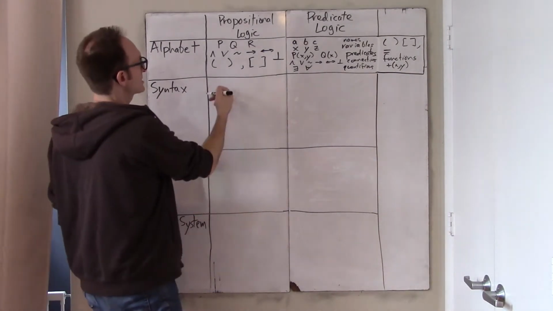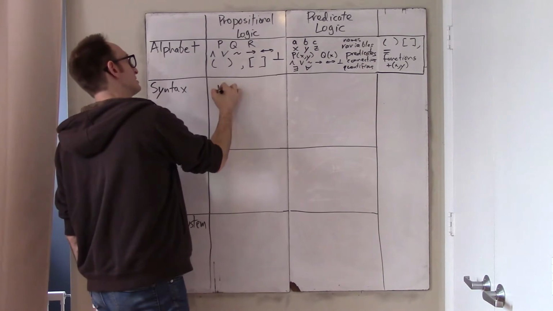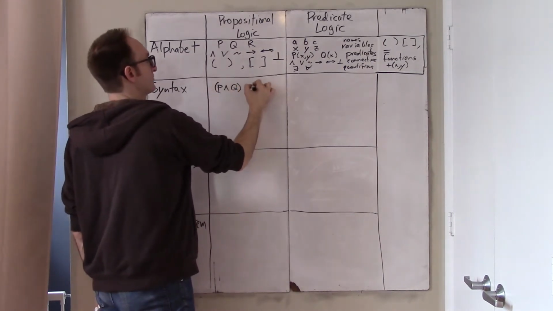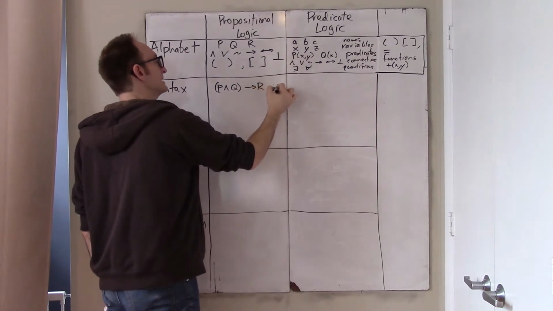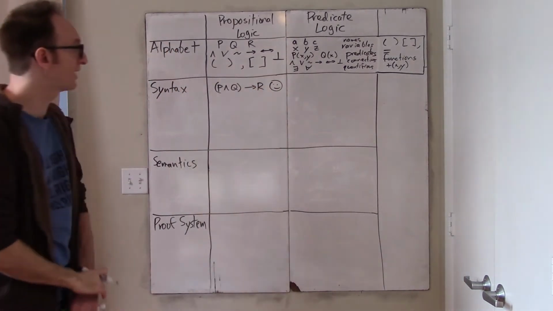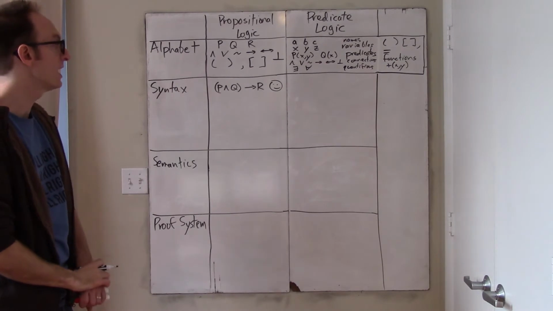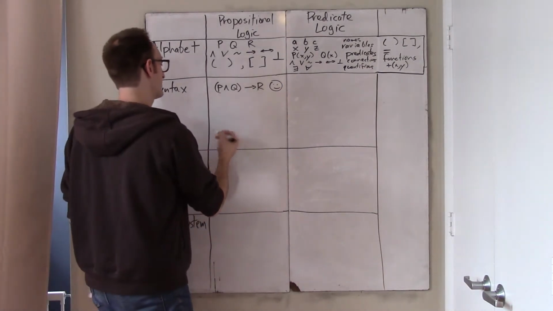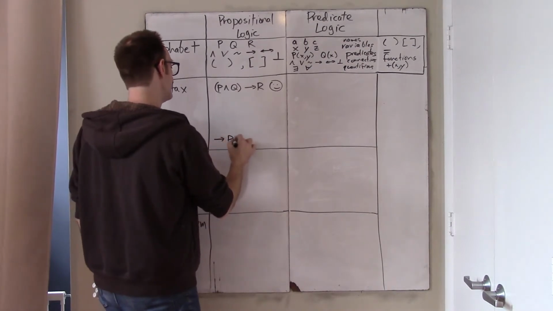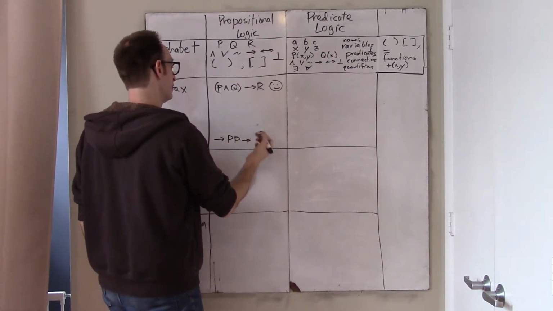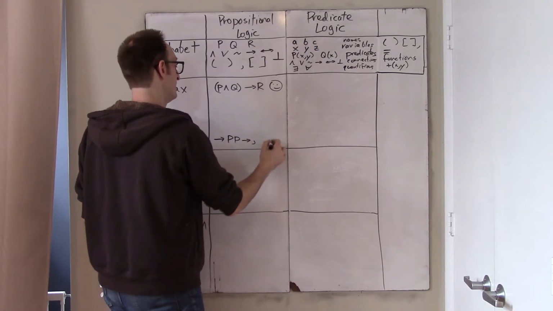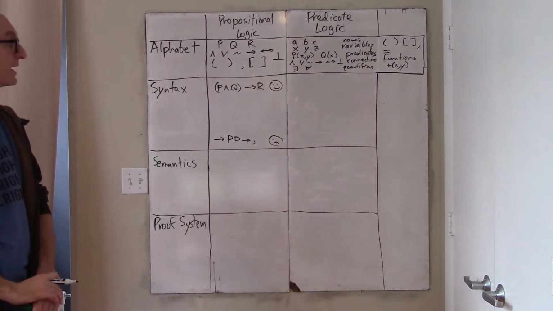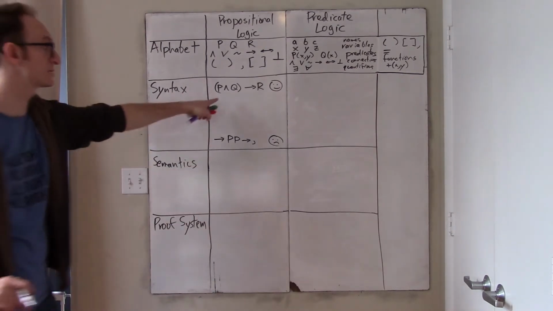Well, the syntax for propositional logic is, as I said some other time, a precise way of codifying exactly what makes a sentence good, although we are not going to be precise in this class because we're lazy. Something like arrow, p, arrow, comma is not a syntactically valid string of propositional logic, and this one is.